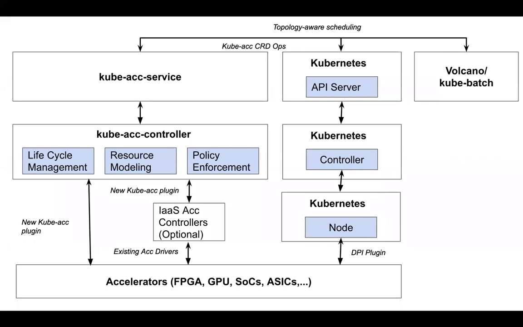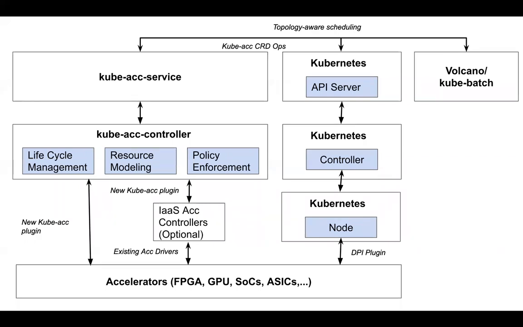So if you already have something like Cyborg and OpenStack infrastructure, then we just use a northbound plugin of Cyborg to directly utilize Cyborg.